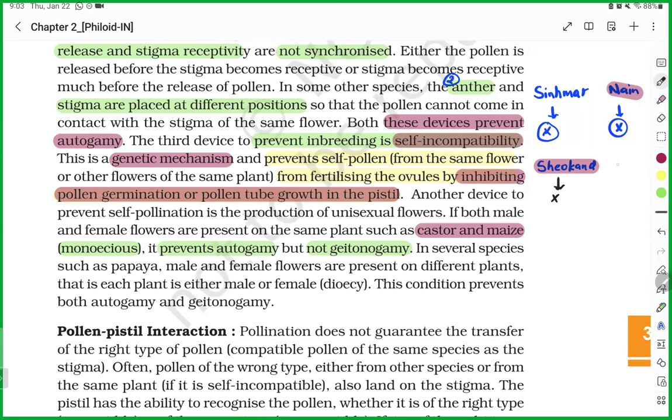Whatever surnames I have in my village, Chahal, Malik, and many others, I can't marry them because theoretically they belong to my village more or less.